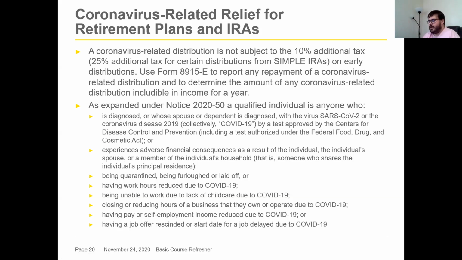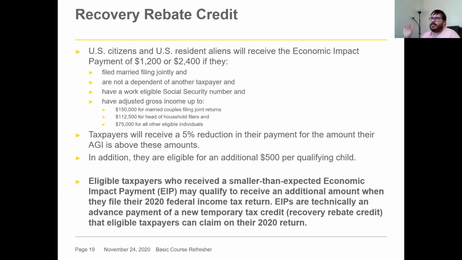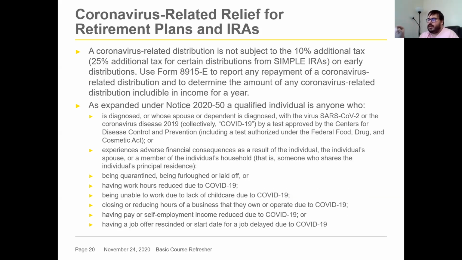This is just to point out what is there, and I think you have to have advanced certification to deal with this. For the recovery rebate credit, you can have either basic or advanced certification, but for the relief on early distributions, you have to have advanced certification.